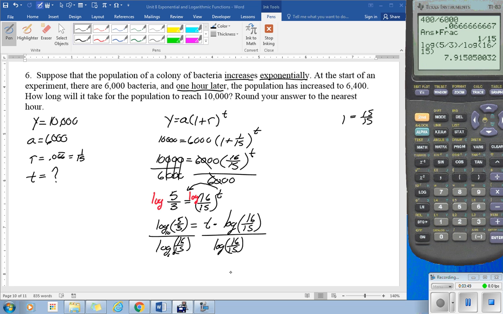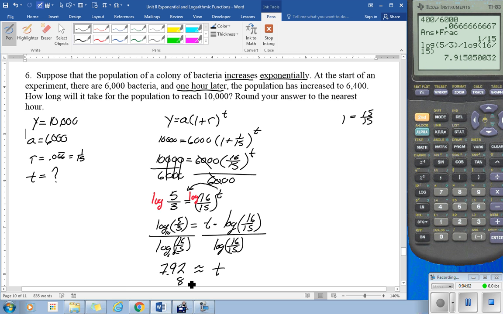We end up finding that t is approximately 7.92. It says round to the nearest hour, so that takes us up to 8 hours. Again, we've got units there, so make sure you include the units with your answer, and there it is. All right, good luck on the assignment.